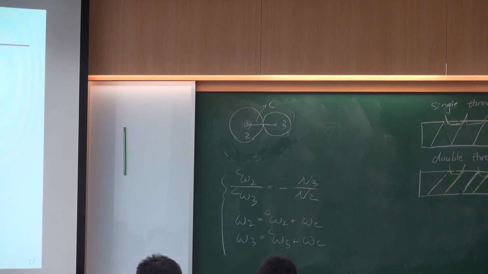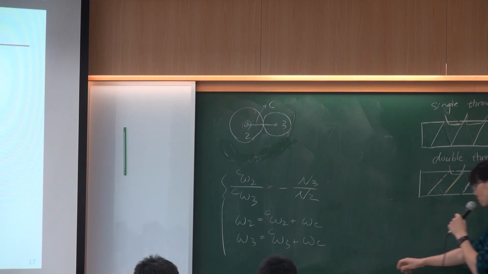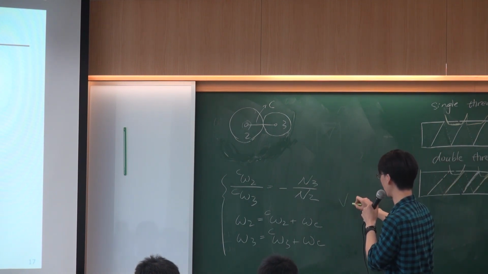It's not the absolute speed, because 2 will also move corresponding to the motion of c. So the absolute velocity of this link 2 should be omega 2 with respect to c plus omega c.